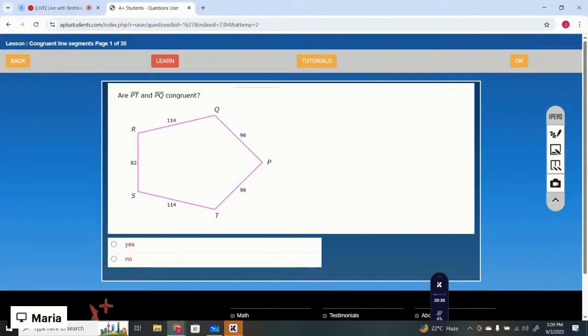PT is 96 and PQ is also 96. So yes, they are congruent. The correct option is yes.